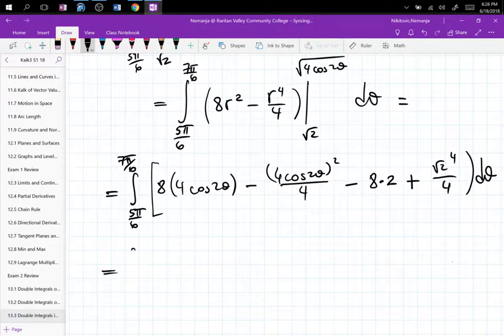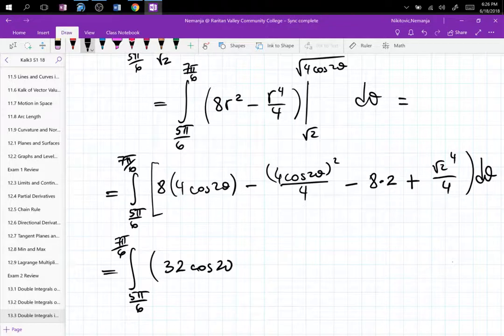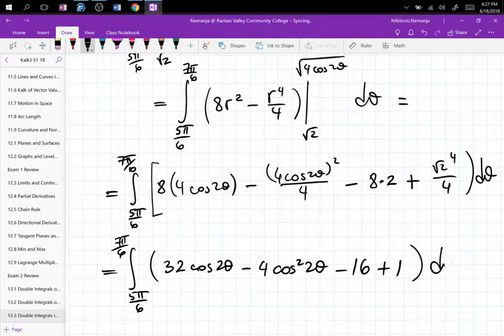We got this, from 5 pi over 6 to 7 pi over 6. So 8 times 4, that's 32 cosine 2 theta minus 4 squared, 16 cut by 4 is 4, cosine squared 2 theta, minus 16 plus 2 squared squared, that's 4 divided by 4, that's 1 d theta.